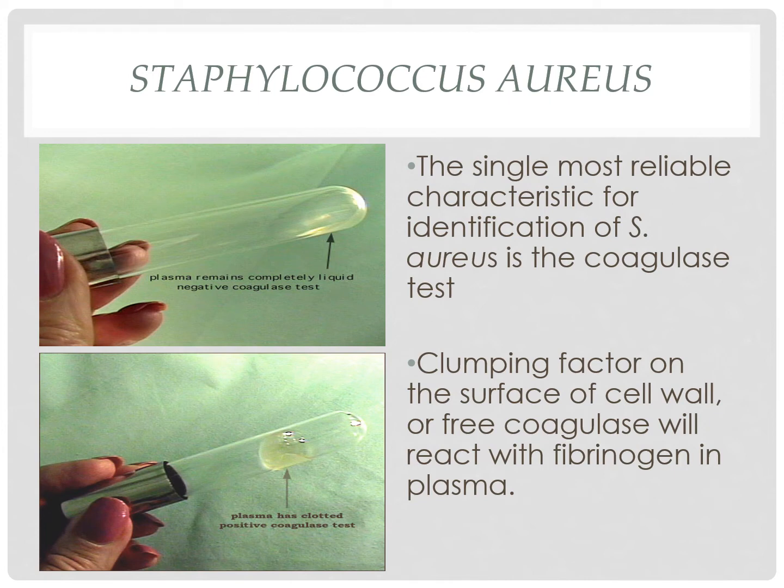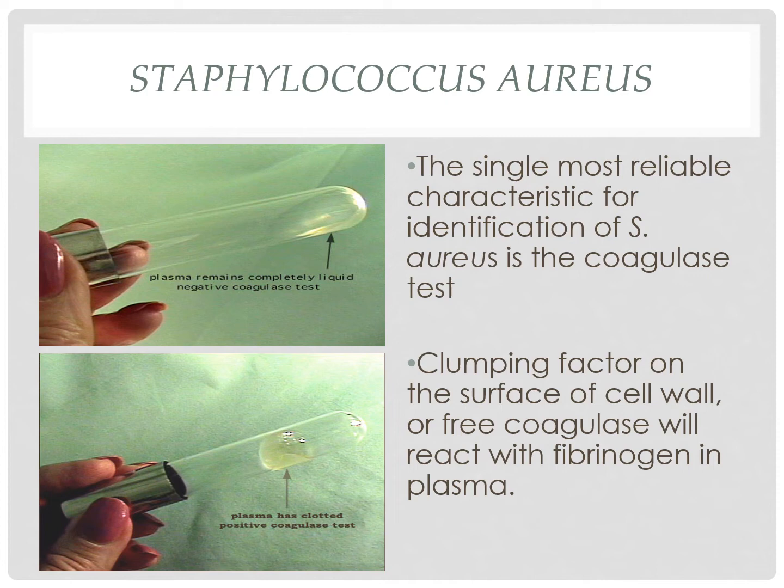The single best reliable characteristic for Staphylococcus aureus is the coagulase test. What we're going to look for in the coagulase test is free clumping factor plus rabbit plasma equals a positive coagulase test, and that confirms that you have Staphylococcus aureus. There's also a latex agglutination kit for clumping factor, and it looks for bound coagulase. This is also a confirmatory test for Staphylococcus aureus.